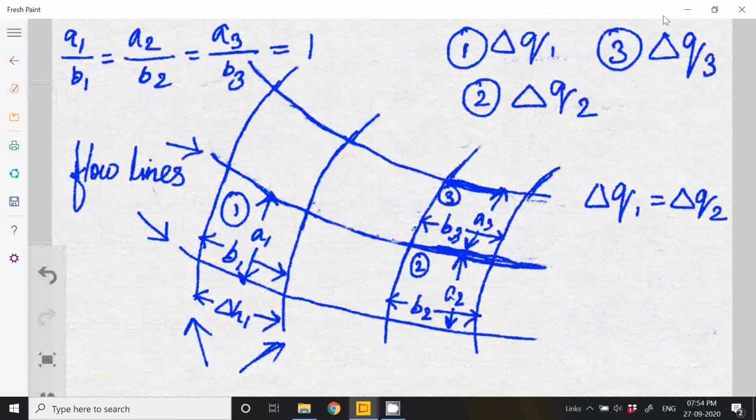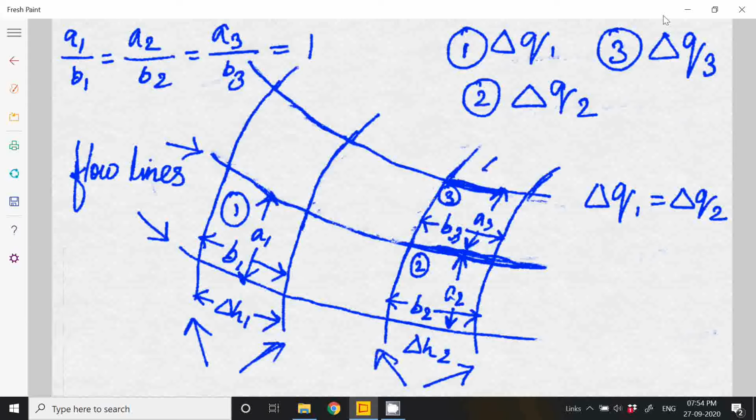Now field 2 and field 3 are between the same equipotential lines, and the change of head between the same equipotential lines is the same. So if delta h3 is the change of head in field 3 and delta h2 is the change of head in field 2, delta H2 is equal to delta H3.